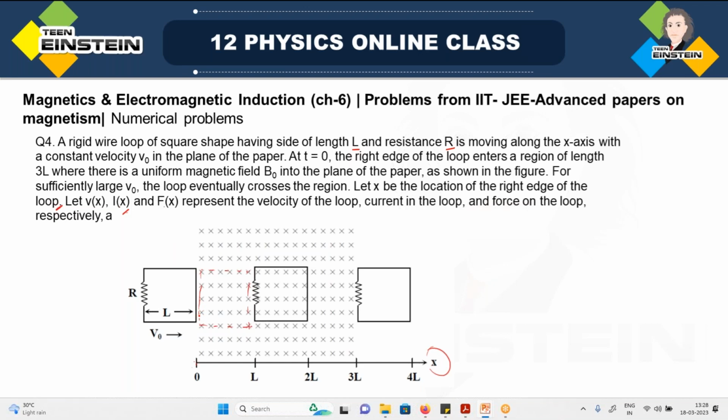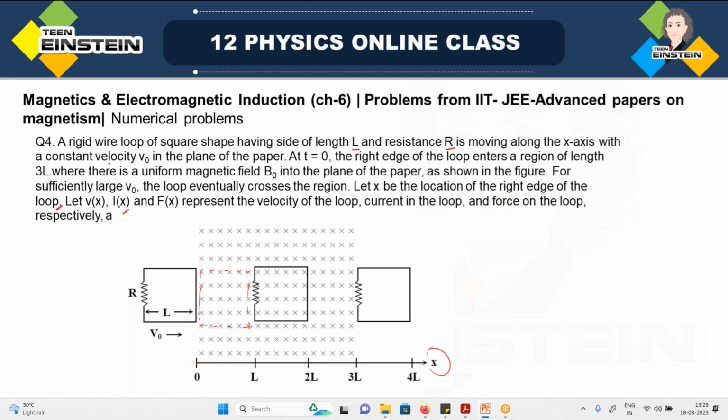When this structure enters this region, there is a change in the flux, right? There is a change in the flux.